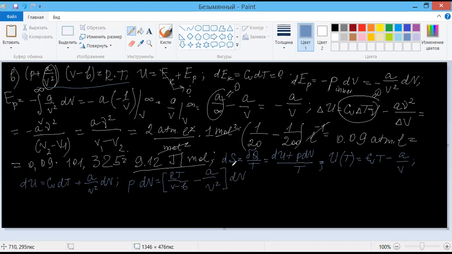Okay. What did we do in this case? We just expressed P from this equation and rewrote it here. Now we can plug in all these formulas into this one.